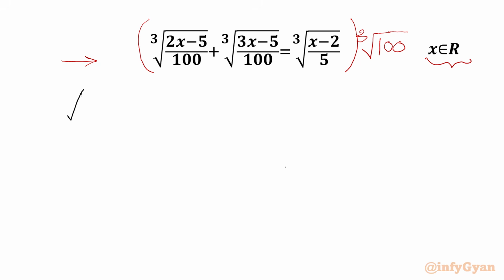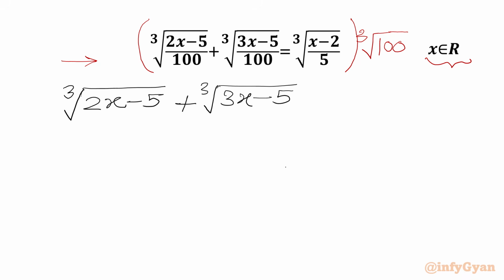Cube root of 2x minus 5 over 100 times cube root 100 will be cube root of 2x minus 5, plus cube root of 3x minus 5 over 100 times cube root of 100 will be cube root of 3x minus 5, equal to cube root of x minus 2 over 5 times cube root 100.